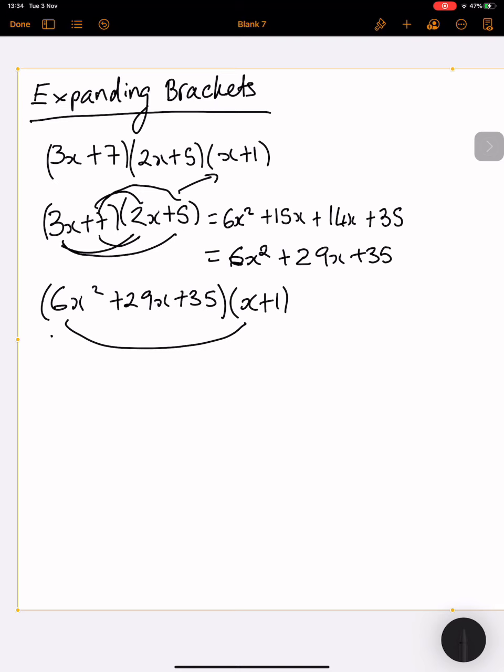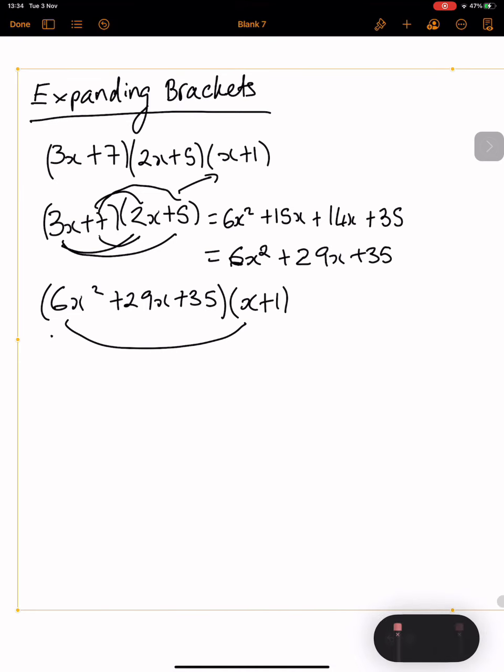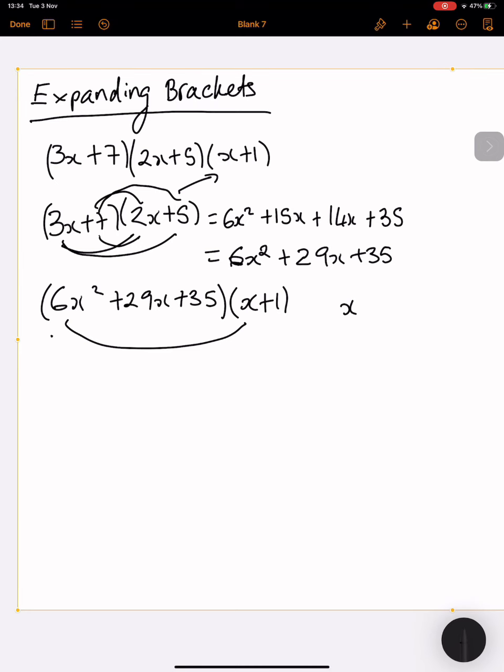Now the indices rule states that x^m times x^n equals x^(m+n).